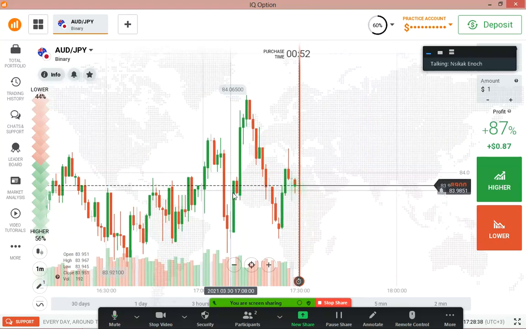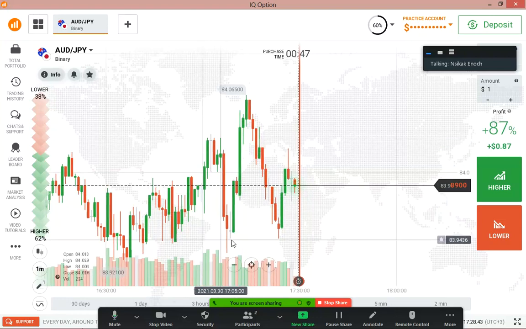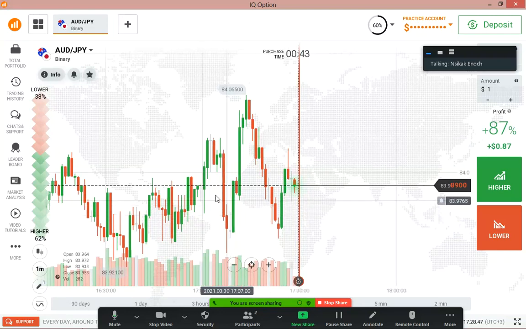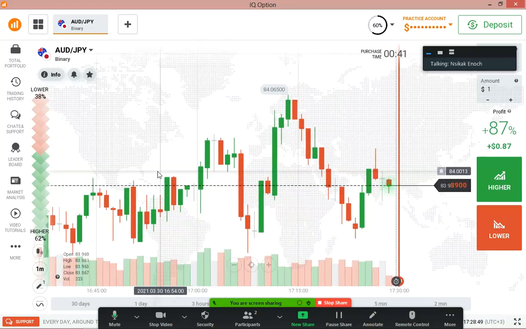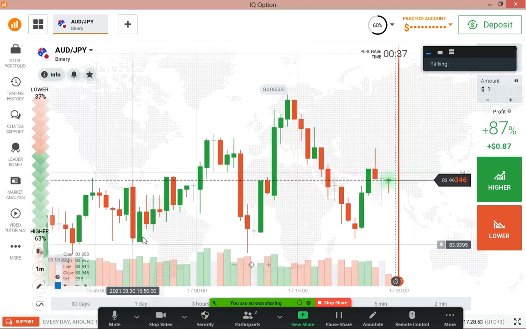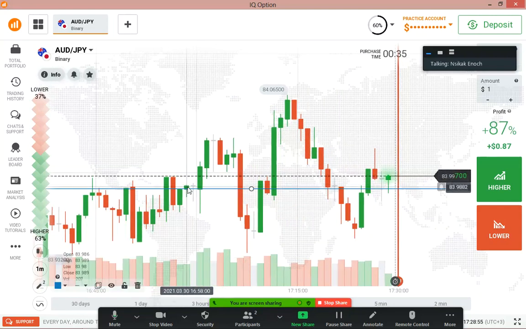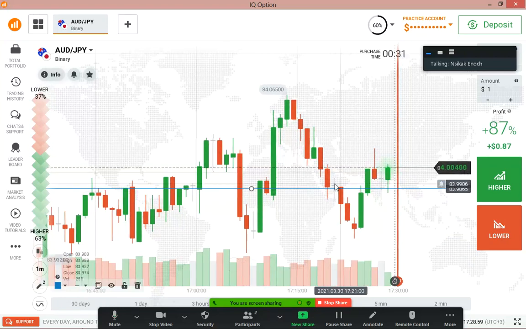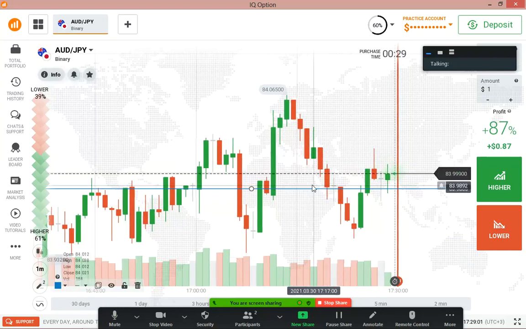Like now, this red form, after it formed here, the bias entered here. You can see again the bias also entered here. Bias also entered here. If you go to the left side, you will also see that from this area, bias entered. Here, this doji candlestick is a bias entry.